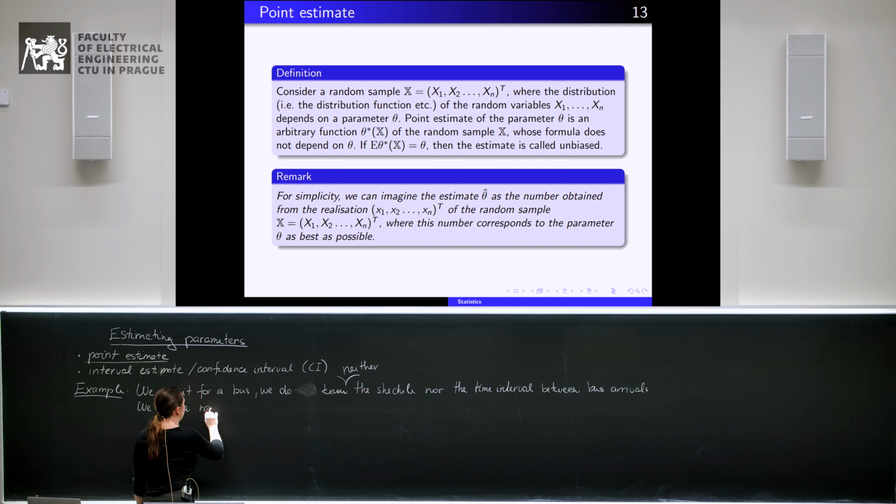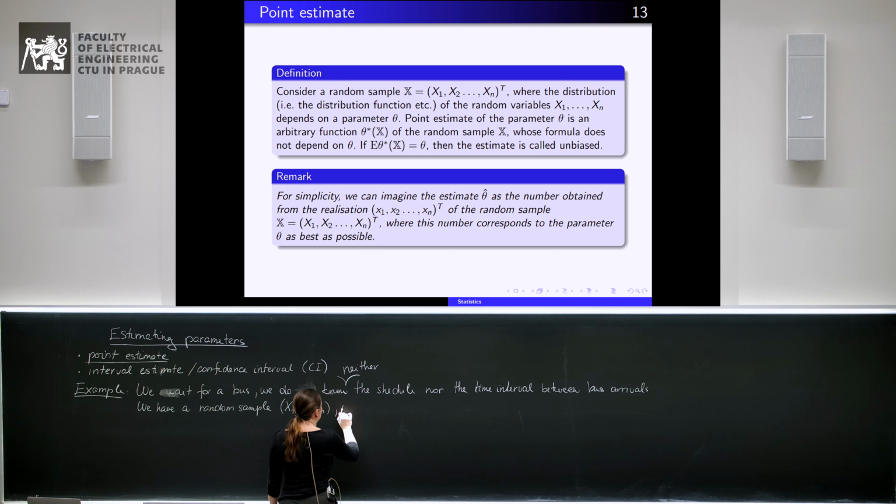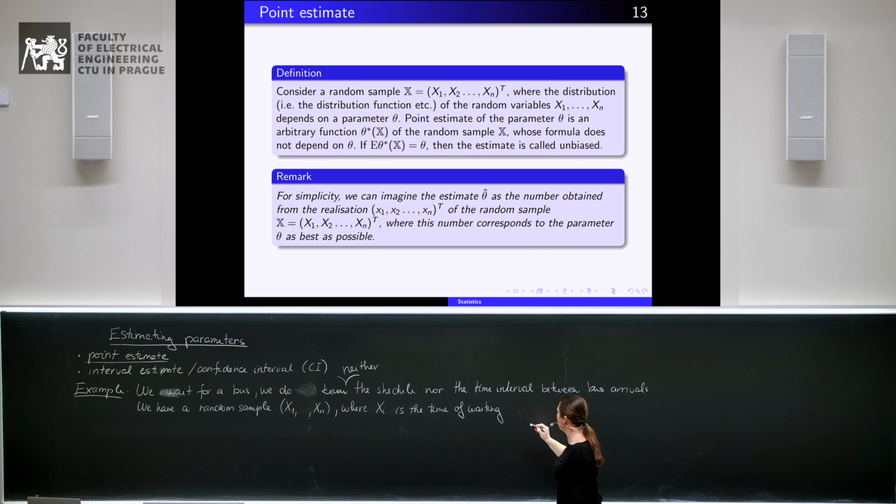We have a random sample, x1, and so on till xn, where xi is the time of waiting for the bus during the ith journey.